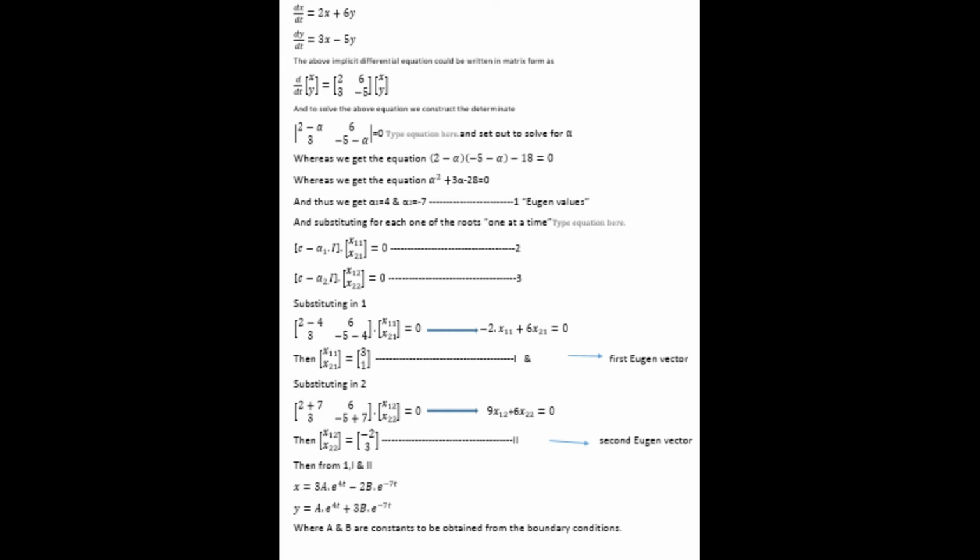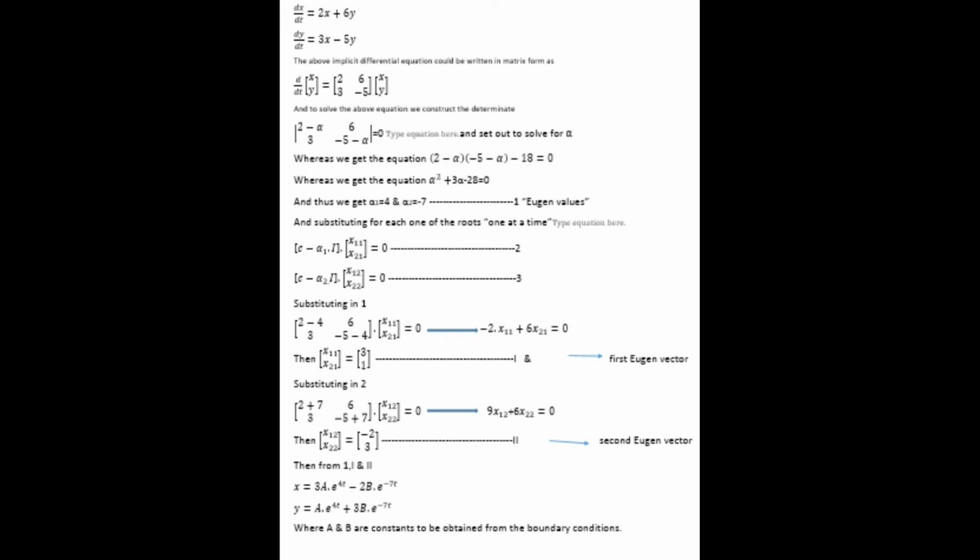Let's call that double I. From 1 I and double I, we can write the final relation x equals 3a times e to the power 4t minus 2b into e to the power minus 7t. y equals a into e to the power 4t plus 3b times e to the power minus 7t.